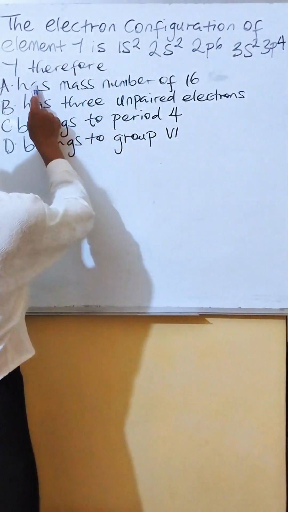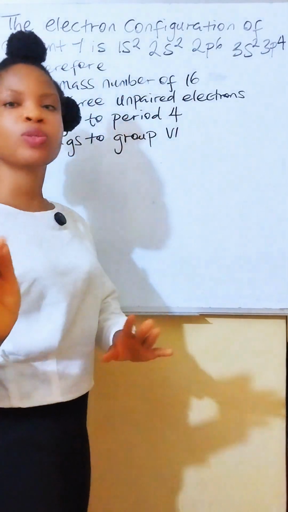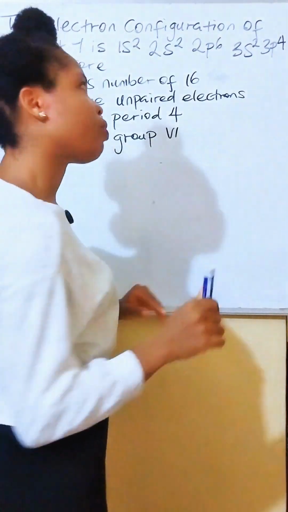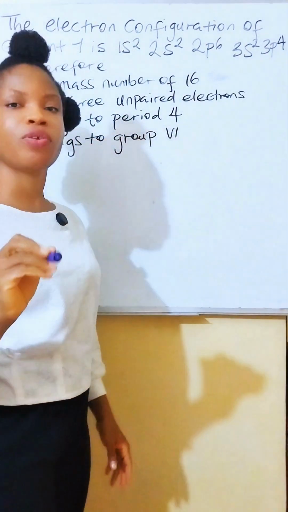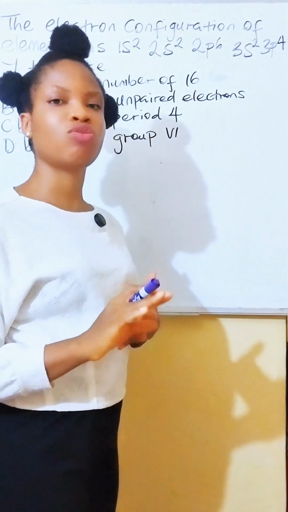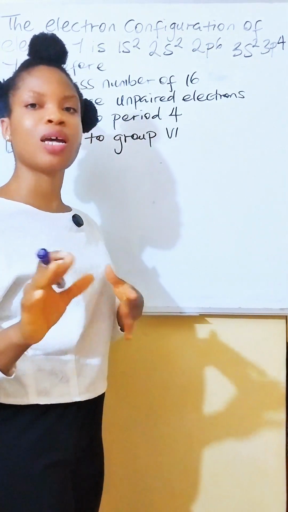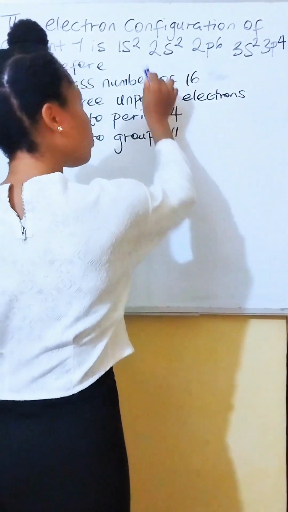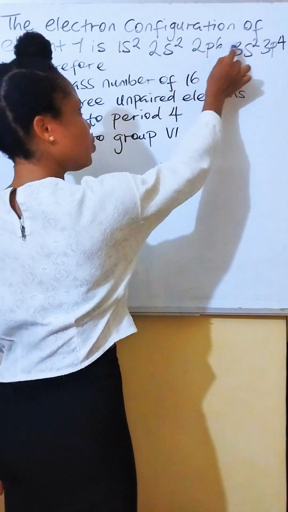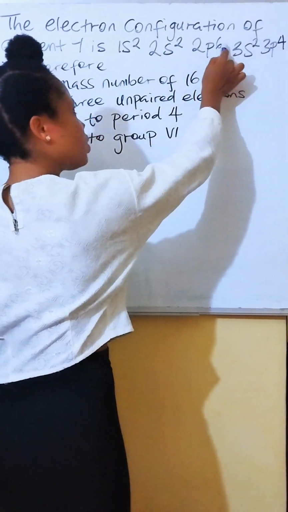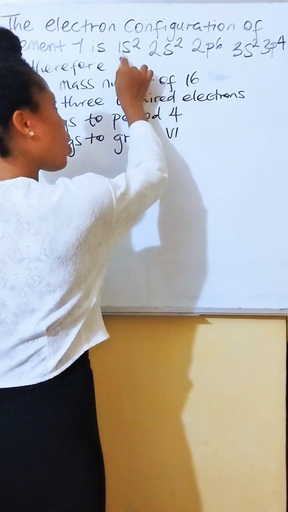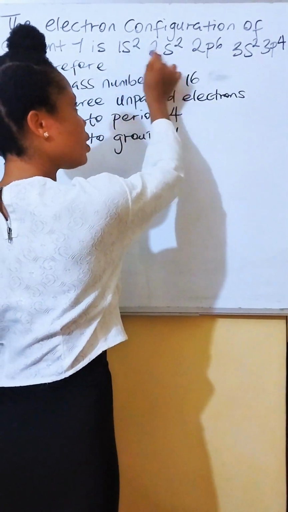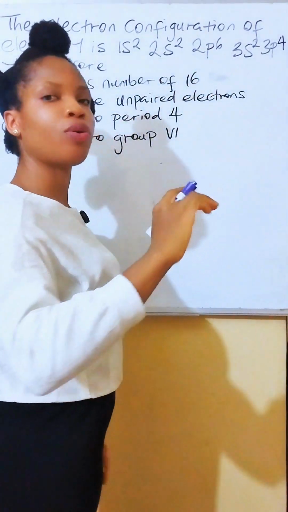The first option says has mass number of 16. First of all, let's check the atomic number of this element, Y. Remember I said that electronic configuration shows how electrons are distributed in the orbitals of the atom of an element. Now, these numbers written as superscripts show the distribution of these electrons, while these are the orbitals. s, sp, sp are the orbitals.